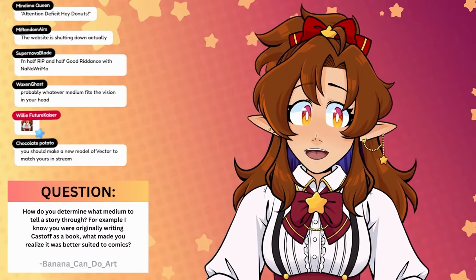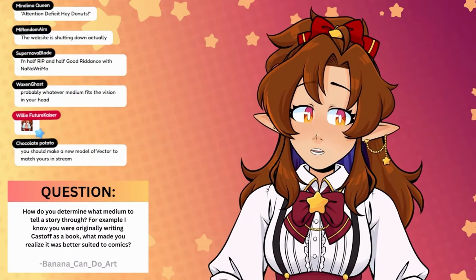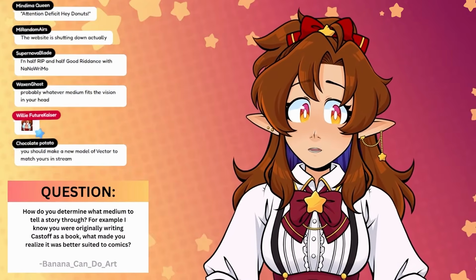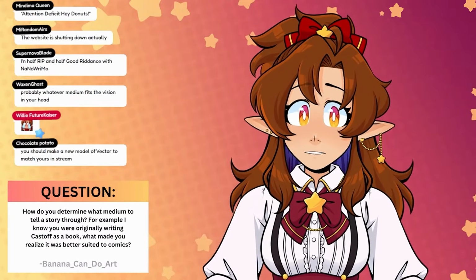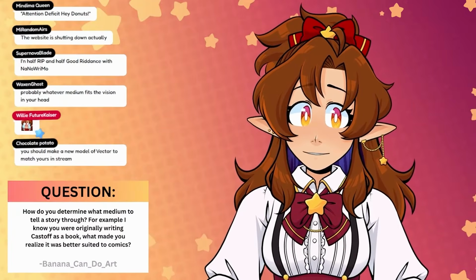For Cast Off, the way that Cast Off works is I was so heavily reliant on visuals, like the subtle way that characters' expressions change, the way that the magic is all very visual, the way that Ariana's eyes change color given specific emotions.